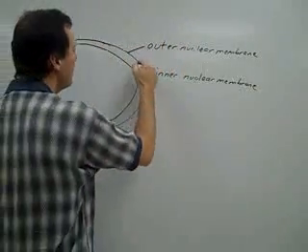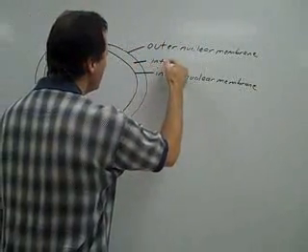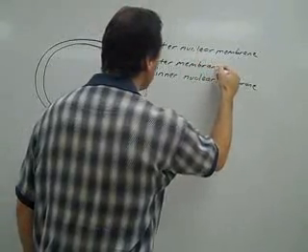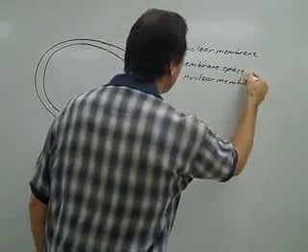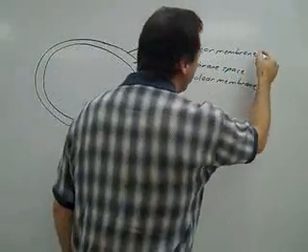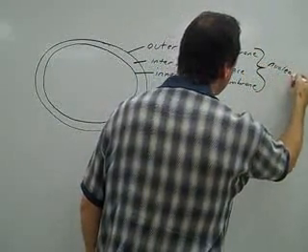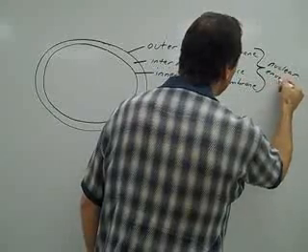Between the two is an intermembrane space. Altogether, they're referred to as the nuclear envelope.